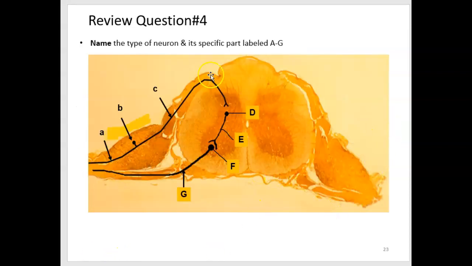And then I have another review question I think will help you understand the parts of the neurons and where they're located in the different roots, rootlets, and spinal nerves.